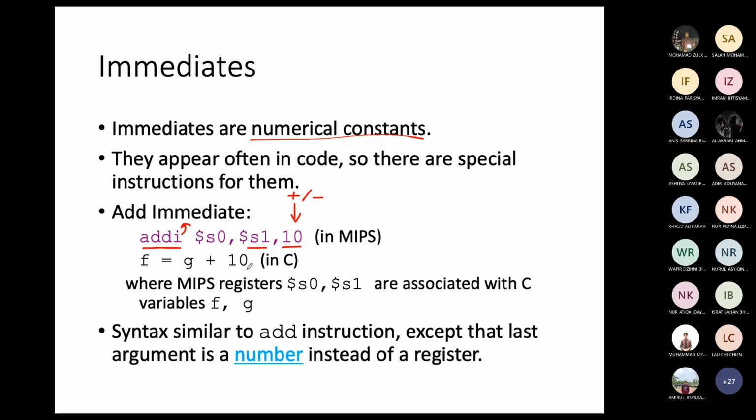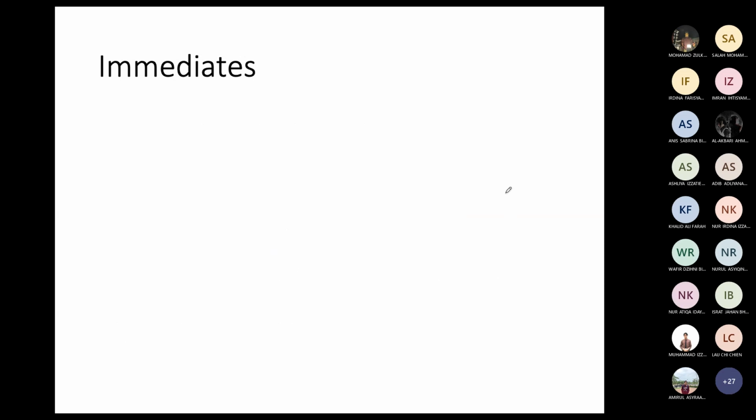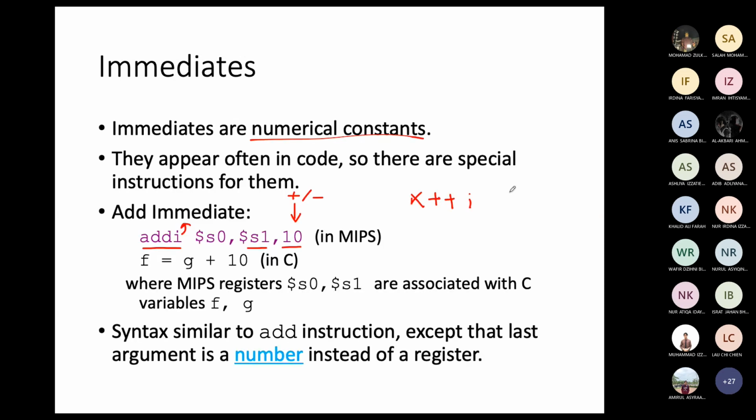We can also represent it like this: X plus plus. So X is equal to X plus 1. X plus plus is equivalent to X is equal to X plus 1.